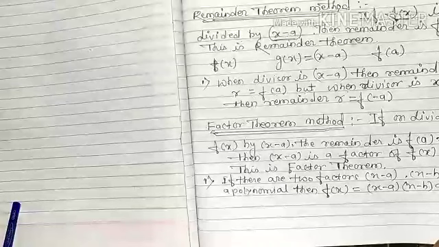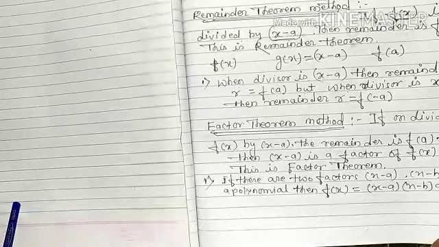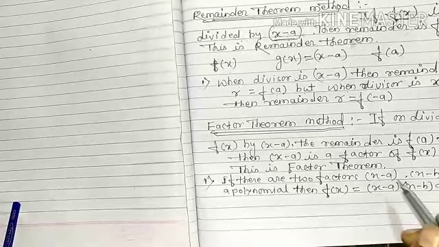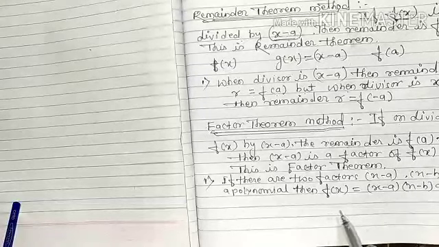Here q(x) is the quotient, and x minus a and x minus b are factors of the polynomial f(x).